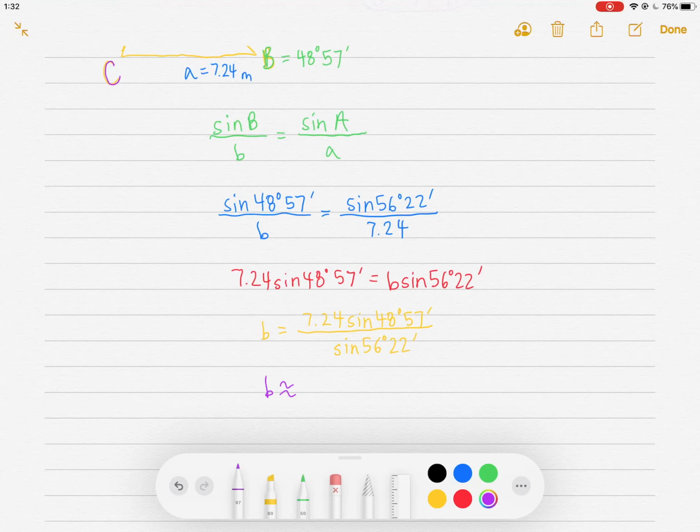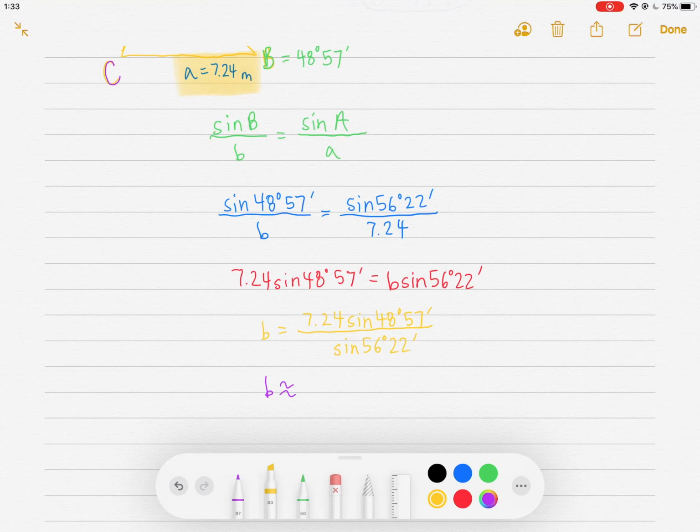Our b is approximately... Now, because the side length that you were given, a equal to 7.24 meters above, I gave you to 2 decimal places. Whatever you're given is just where you should round to. On the test, I will give you specific directions of where to round to, but your guide for the homework is just round to wherever you're given.